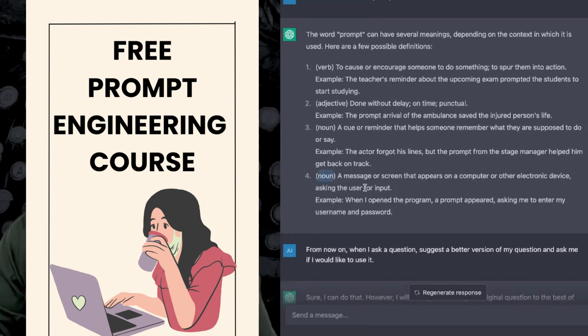And then it can be another noun, a message or screen that appears on a computer or electronic device asking the user for input. So this is kind of a helpful thing because we can prompt the large language model to produce things for us, but the large language model, if we structure things correctly, can actually elicit information from the user. So the large language model can ask questions to us.